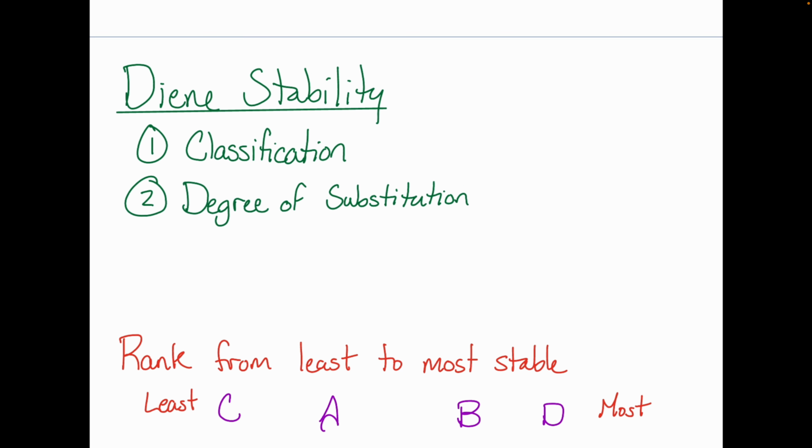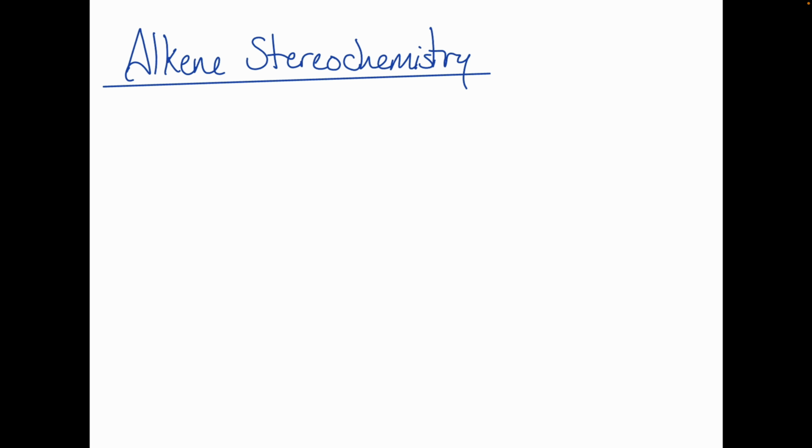Stereochemistry. And that is our third factor here when ranking diene stability, stereochem. Okay, and so as a reminder, when we're talking about alkene stereochemistry, let's just take a simple alkene, 2-butene.